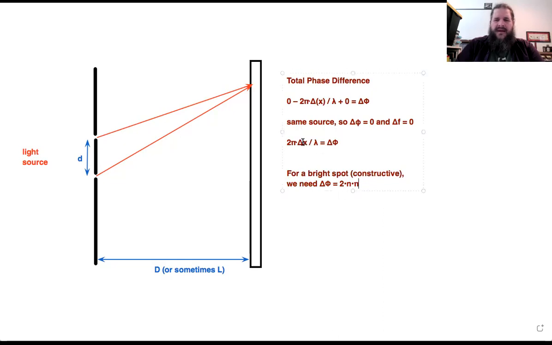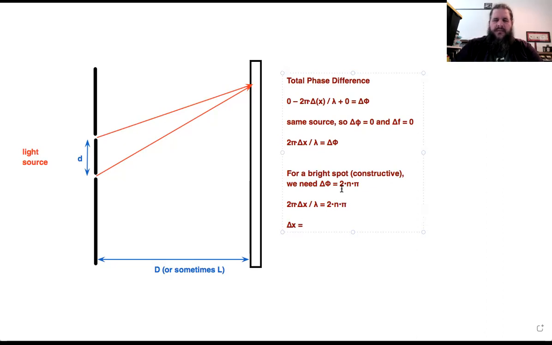If you take this entire total phase and set it equal to 2 times n times pi, a whole number of cycles, we can actually solve that for delta x. How would you isolate delta x here? So that would be lambda 2n pi divided by 2 pi.